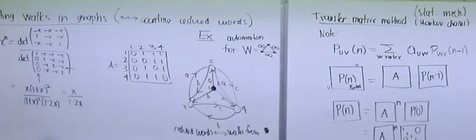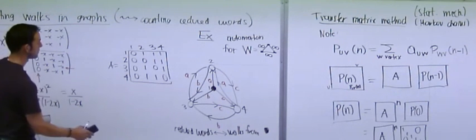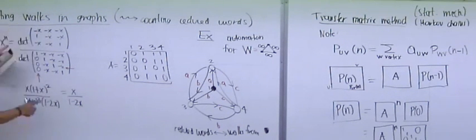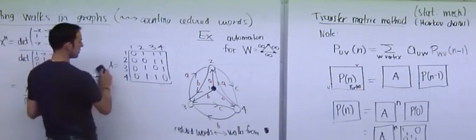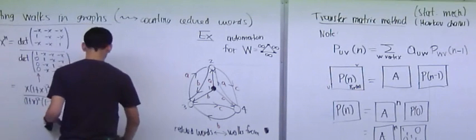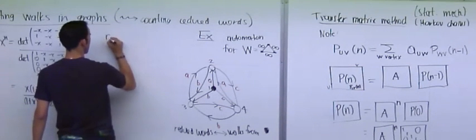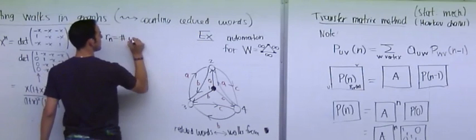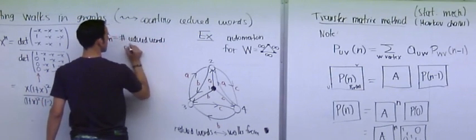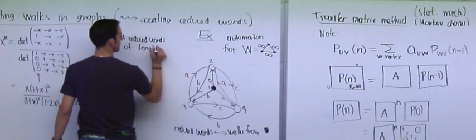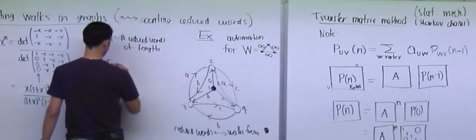Okay? And immediately we got a formula for how to walk around this graph. Now, our hope is not just to walk in the graph, but to count reduced words, right? So how do I count reduced words? Well, if R sub n is the number of reduced words of length n, then what is R sub n?